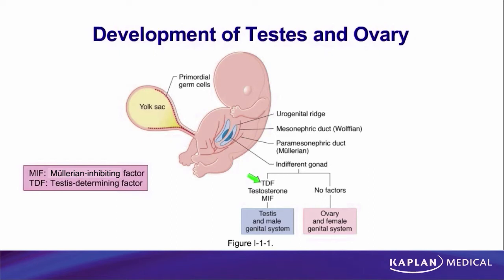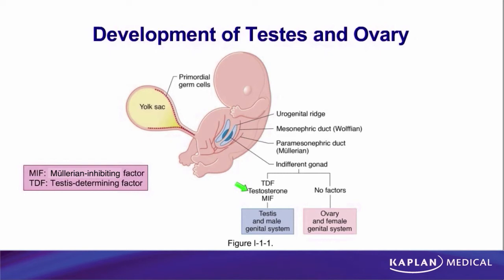Well, once we have a testis, the endocrine cells of the testis, the Leydig cells of the testis, secrete testosterone. And during embryonic development, there is a period of very high production of testosterone. And in the presence of testosterone, as well as a derivative of testosterone called dihydrotestosterone, in the presence of those two hormones, all of the remainder of the male genital system is developed.